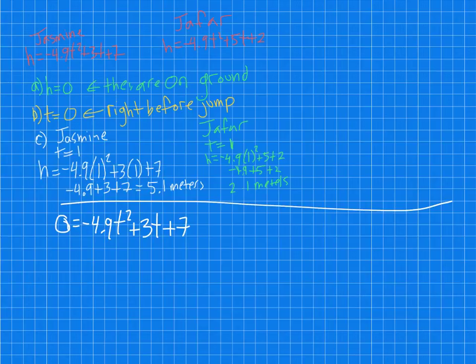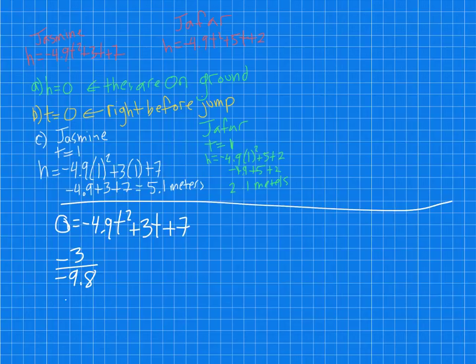So that's going to be negative 3 over 2 times negative 4.9 is negative 9.8. I'm going to do that as a decimal. So it's going to be negative 3 divided by negative 9.8.